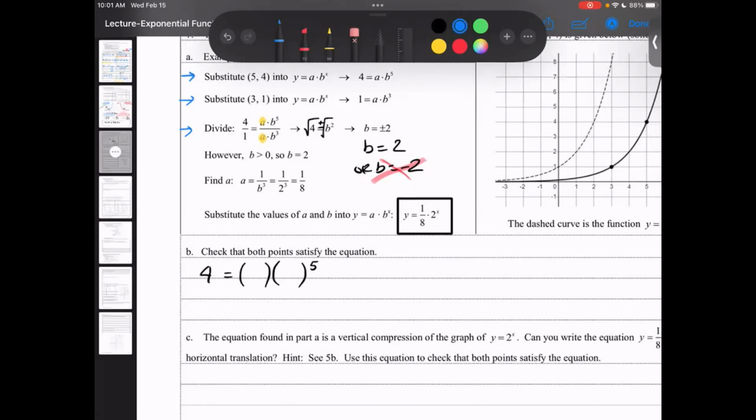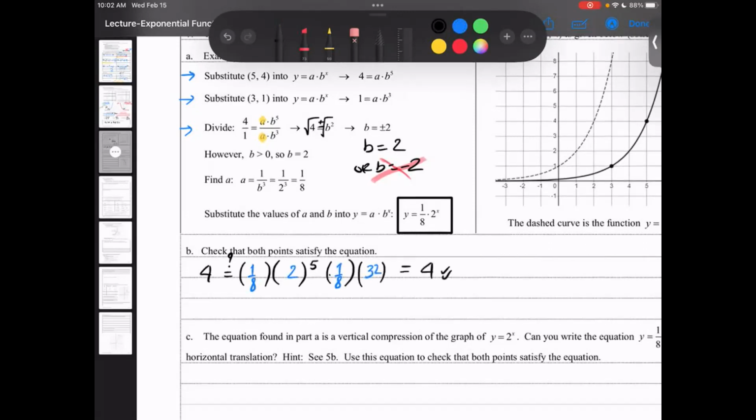A is 1/8, b is 2. 2 to the 5th is 32. What is 32 divided by 8? 4. Right, so it checks.